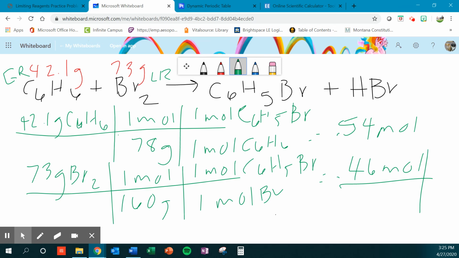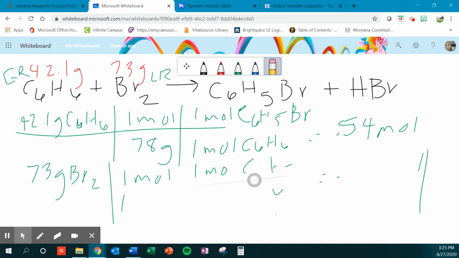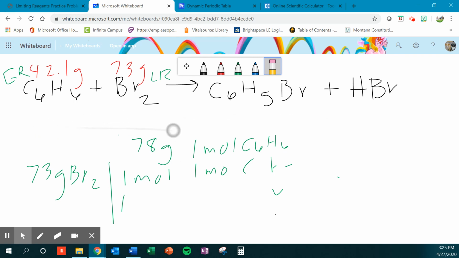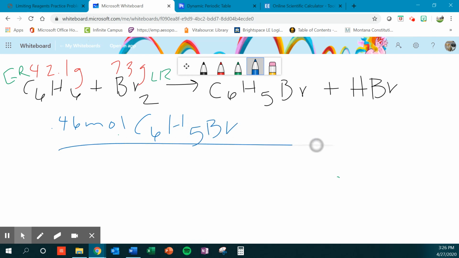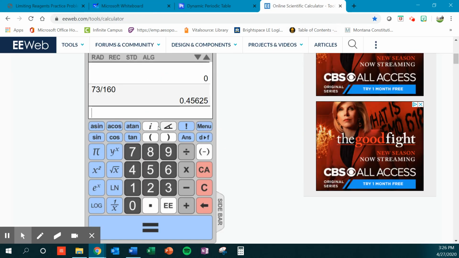So 0.46 moles of the C6H5Br. That is our moles of theoretical yield, but we need to find grams. And so we know that 1 mole of this would be, so we would take 12 times 6 plus 5 plus 80.